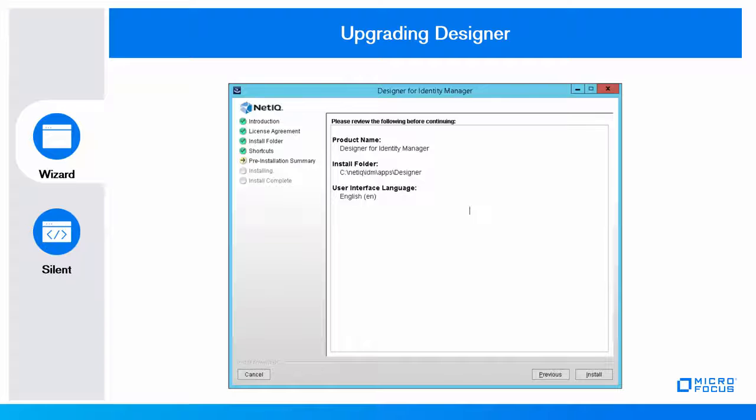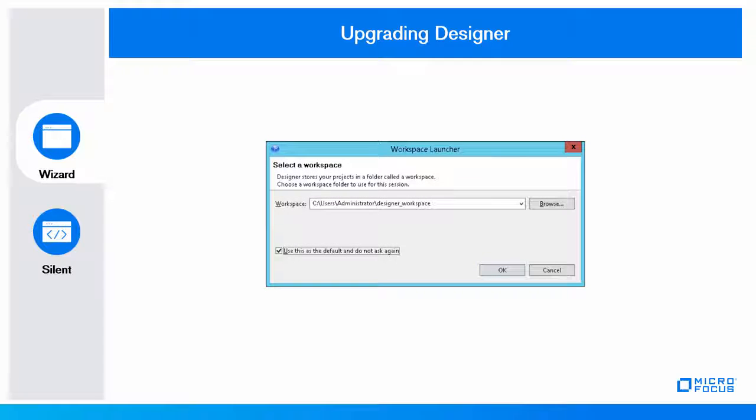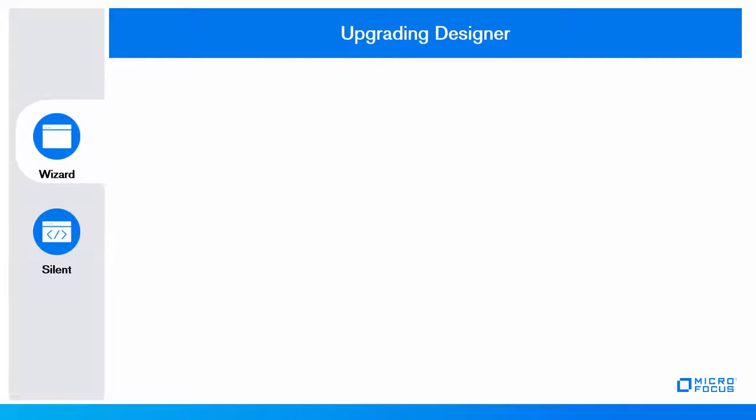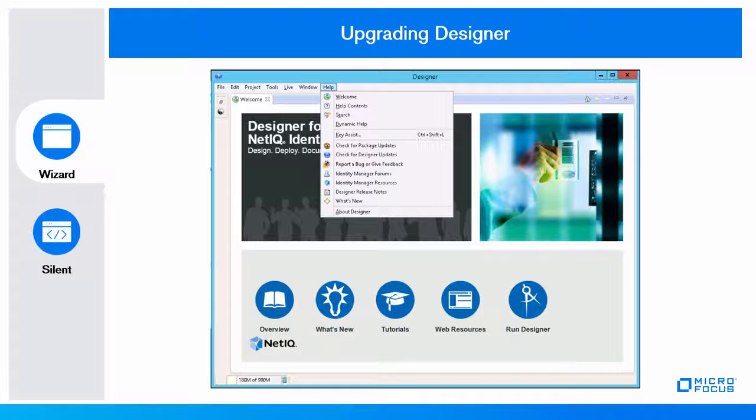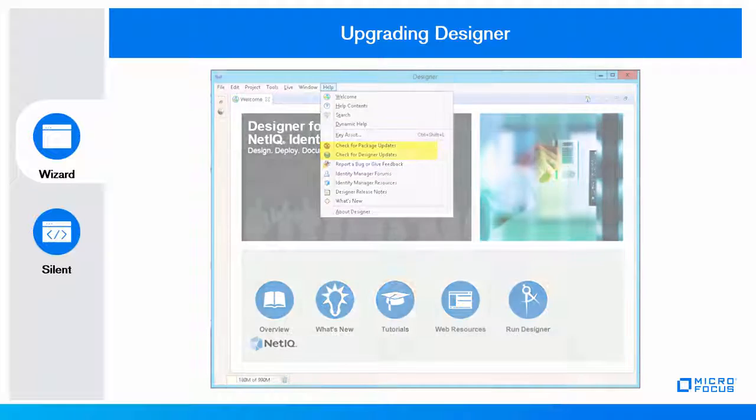Review the pre-installation summary before installing the new version of Designer. Select the workspace where your projects are saved. To make this workspace the default workspace, check this checkbox. Go to the Help tab and check for package or Designer updates.